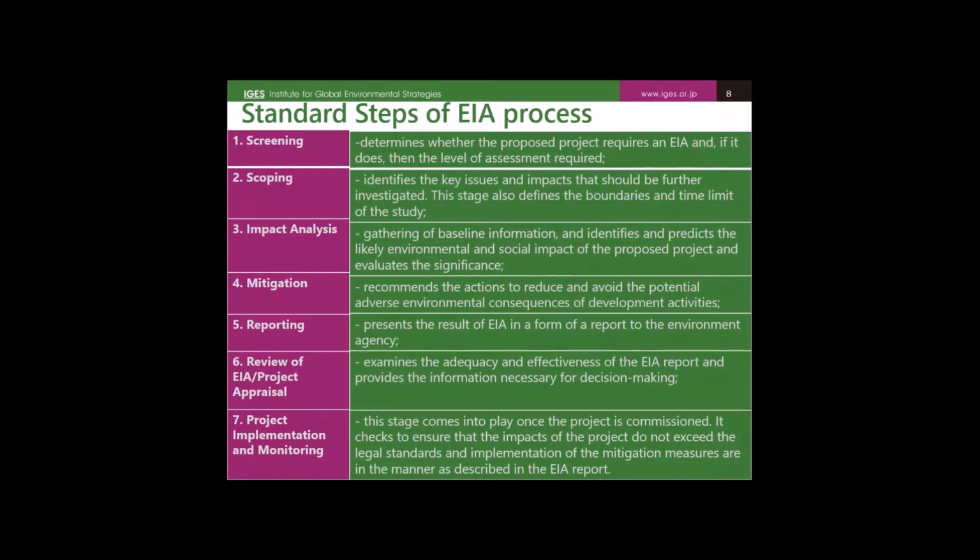What I'm going to focus on today is the screening stage and the project implementation and monitoring stages. In subsequent webinars, we'll talk about public participation in the scoping, impact analysis, and reporting and evaluation stages.